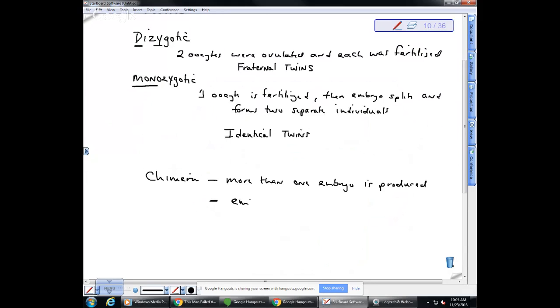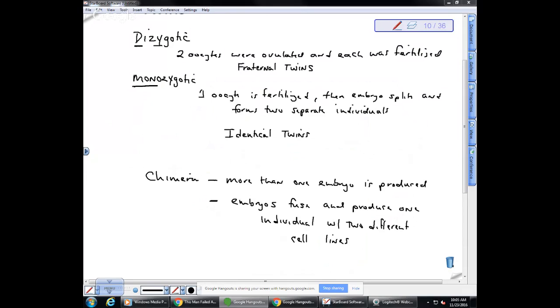So the embryos fuse and produce one individual with two different cell lines. Right? So some of their body could be one cell line, and the other part of their body could be another cell line. And this came up recently in the news because of paternity testing.